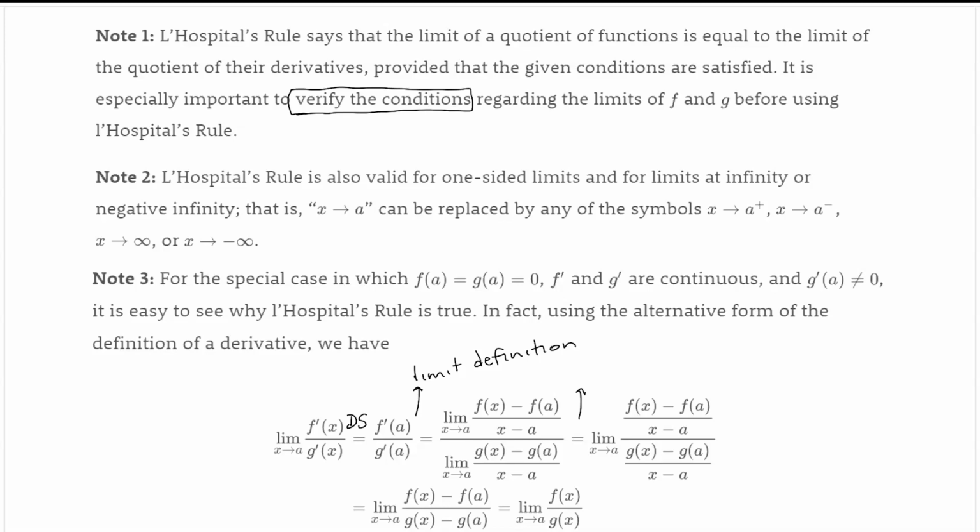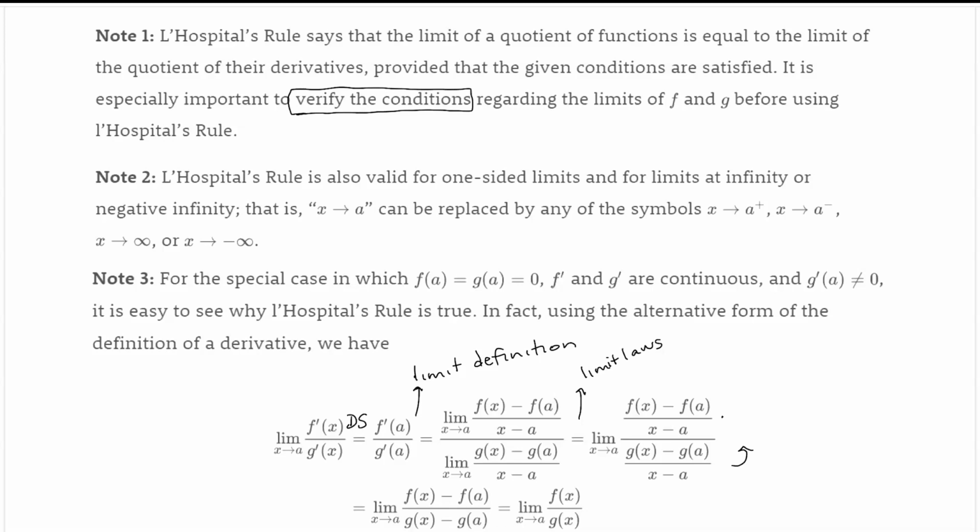So remember, the derivative is the limit of average rates of change. And then, of course, they're combining in this next step, using the limit laws, a ratio of limits to be the limit of the ratio.